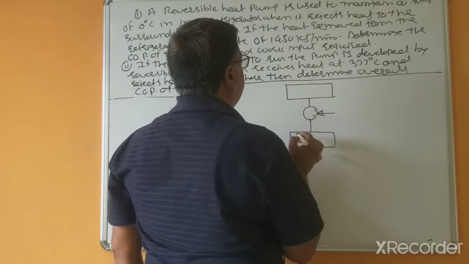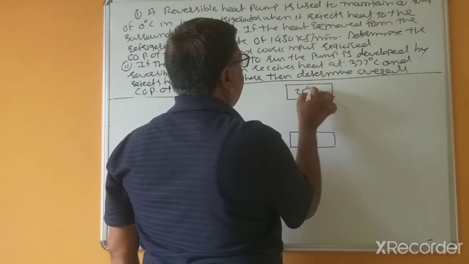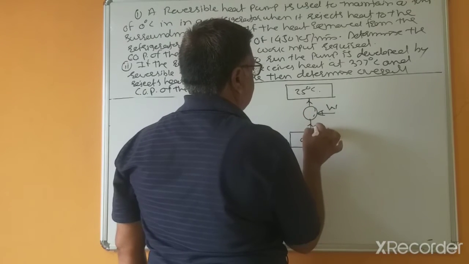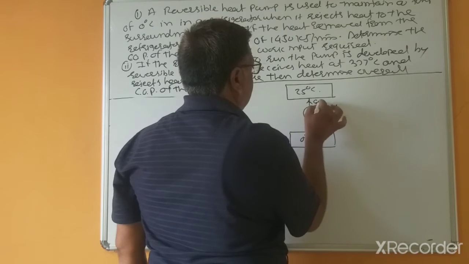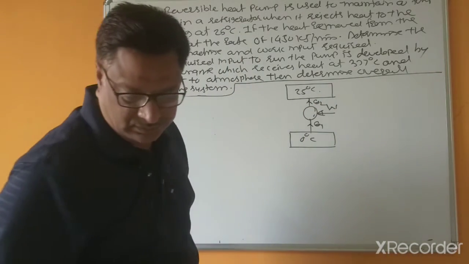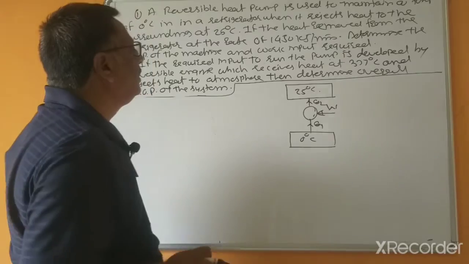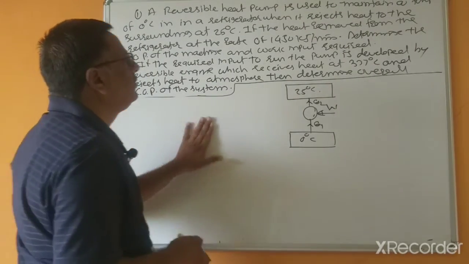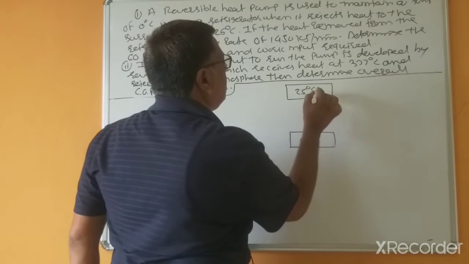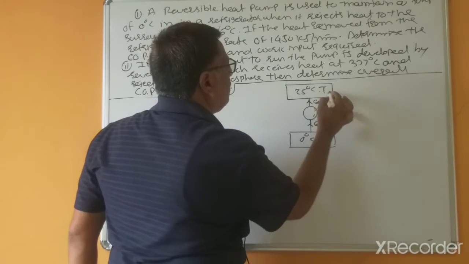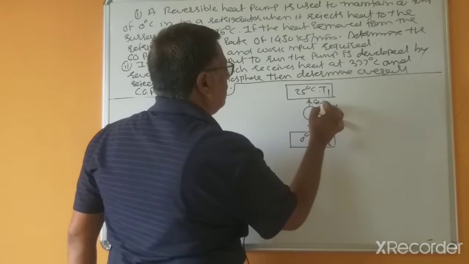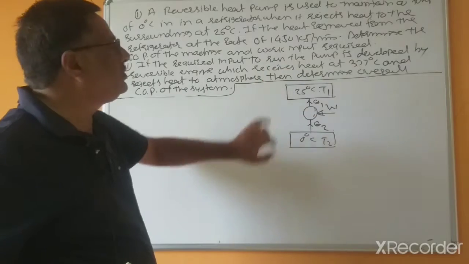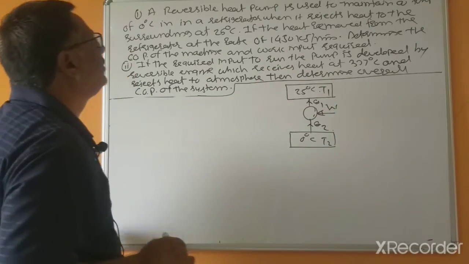Zero degree centigrade, 25 degree centigrade, and this is the amount of heat. You can say this is Q1 and this is Q2. Suppose this is T1, and this is hot, so that's why T2, Q1 and Q2. And this is correct because the higher temperature we consider T1.